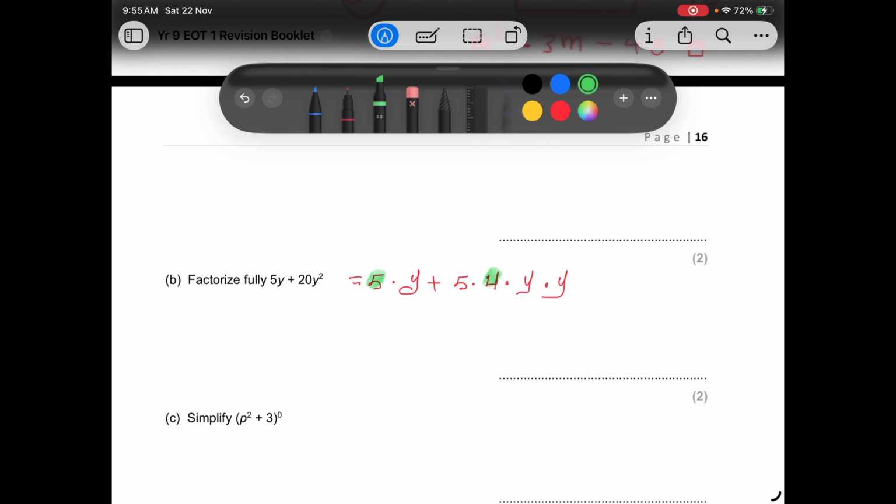Sorry, not 4, 5. 5 in common, and I have y in common as well. So if you factor out this 5y, remove it from the scene, brackets, you can use any kind of brackets like this, fine, or sometimes personally I like these.